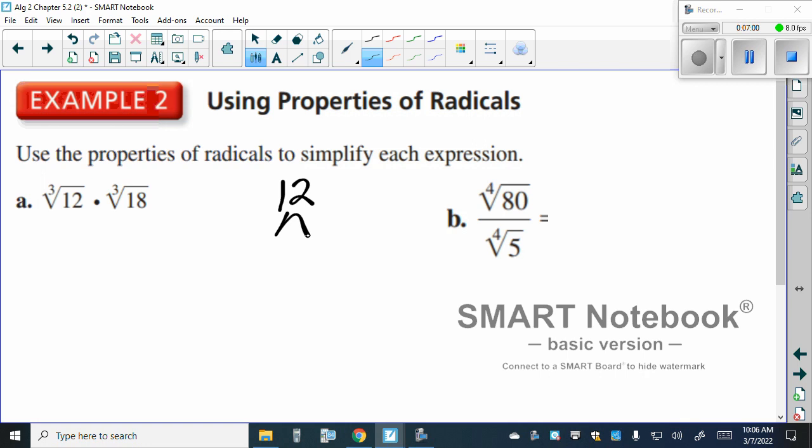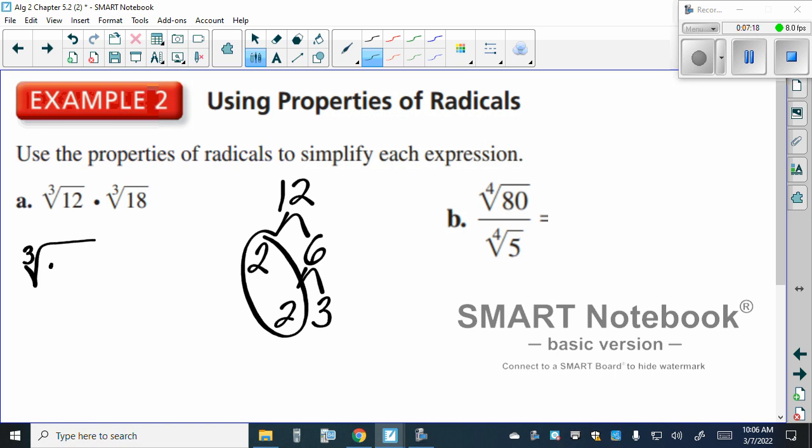So if we look at 12, the smallest number that goes into 12 is 2, and it would be 6. And 6 is 2 and 3. So really, I can say that the cubed root of 12, well, we have 2 how many times? Twice, so that would be 2 squared times 3. Because 2 squared times 3 does give us 12, yes?